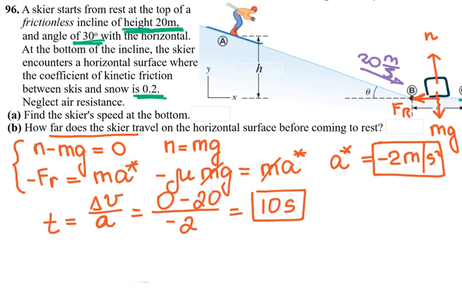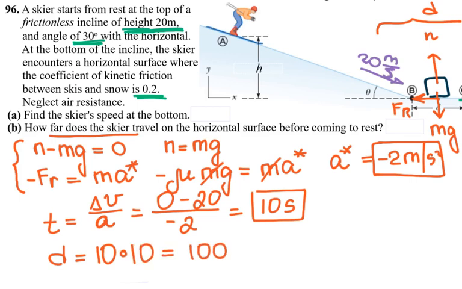Then I can figure out this distance that he will travel before he stops. So the distance is equal to average velocity times time. He enters with 20 and then he stops. Final is 0, so average velocity is 10, and time is 10 seconds, so that gives me 100 meters. So he will travel 100 meters before he stops.